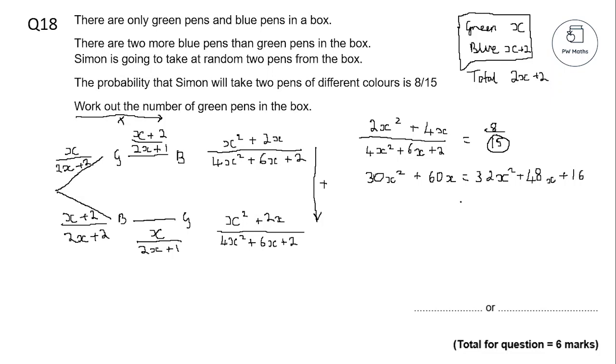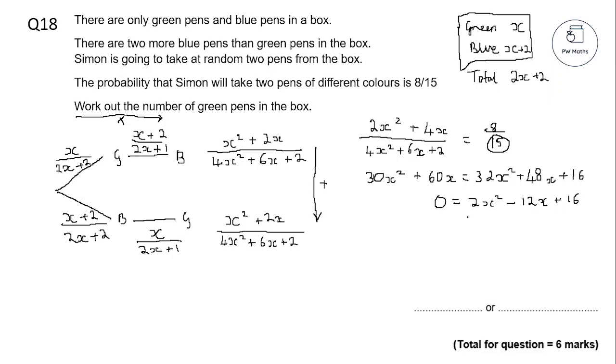Well, it's a nice quadratic, but quadratics are supposed to equal 0. I've got more x squareds on the right hand side, so it'd be tempting to move everything to the right hand side. 32x squared minus the 30x squared gives me 2x squared. 48x minus the 60x gives me minus 12x. And we've got the plus 16 as well.